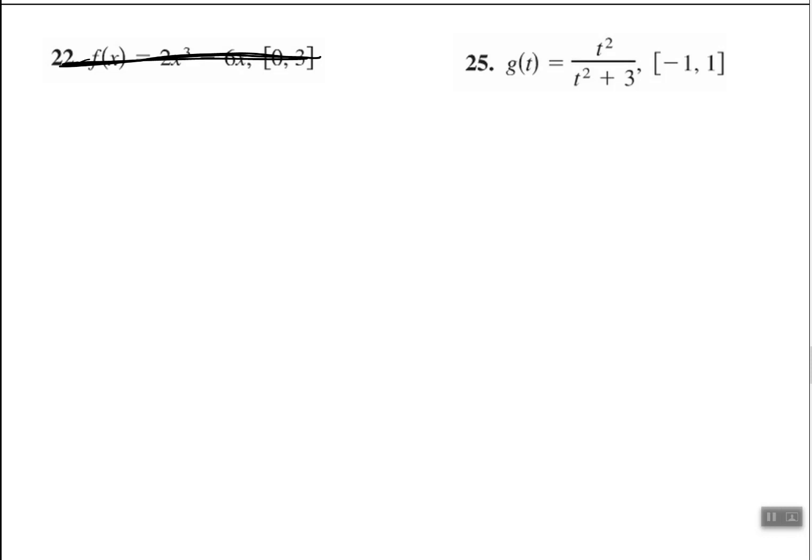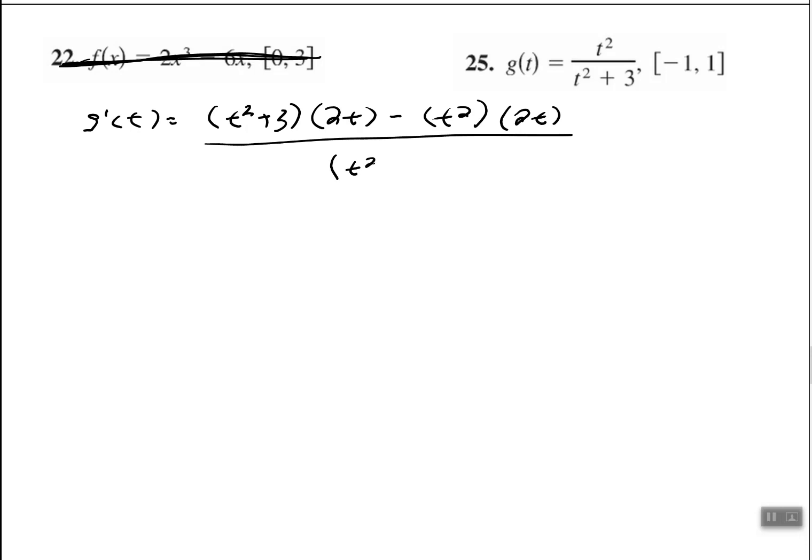So let's start off. Step 1, let's find our first derivative. I'm going to come over here to the right and find it. So g prime of t. Quotient rule. So the denominator times the derivative of the numerator minus the numerator times the derivative of our denominator all over our denominator squared.